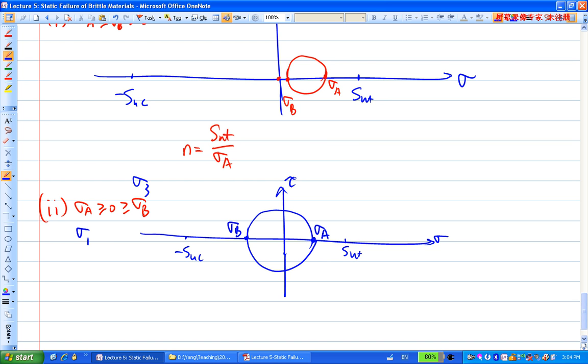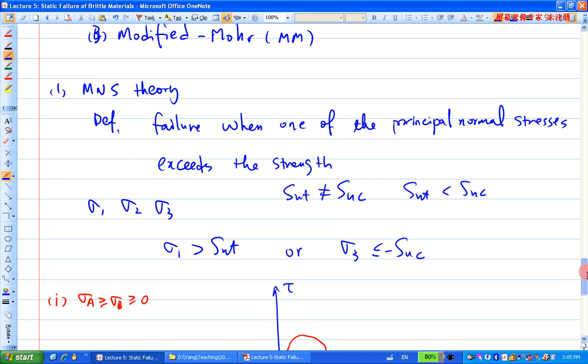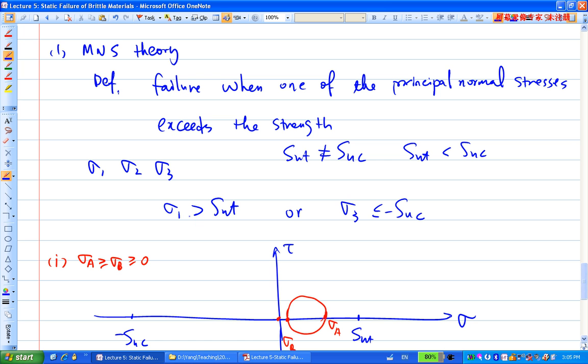Look at the way I draw the Mohr circle. Is it possible? Maybe the circle could be like this. When I draw the circle like this, in this particular case, sigma A is greater than SUT, and sigma B is less than negative SUC. But according to MSS, failure occurs either from this or that.